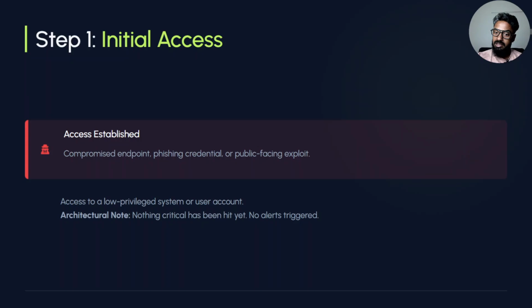Now, an attacker doesn't start with your most critical system. They start very small. Maybe one compromised endpoint, maybe a leaked credential, or maybe access to a low privileged application. So at this point, nothing critical is exposed.